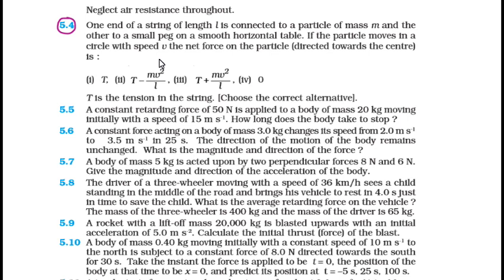If the particle moves in a circle with speed v, the net force on the particle, directed towards the center, is: first, T; second, T minus mv square upon L; third, T plus mv square upon L; fourth, 0. T is the tension of the string. Choose the correct alternative.